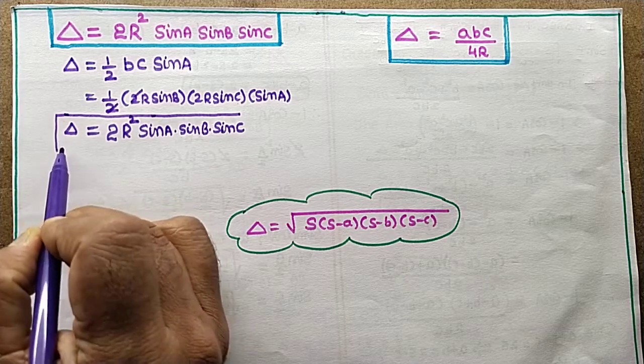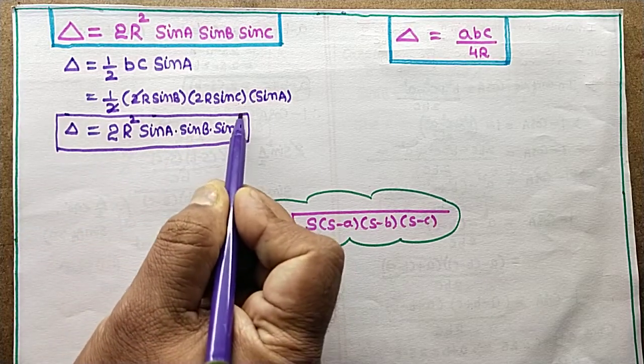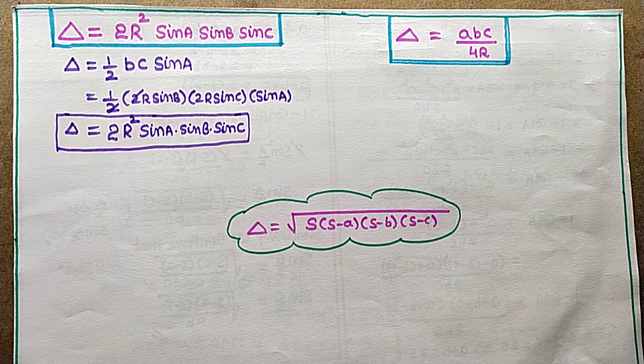So delta equals 2R square sin A sin B sin C.